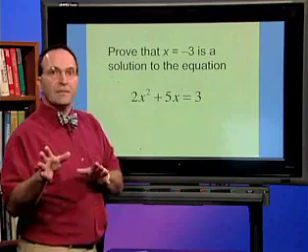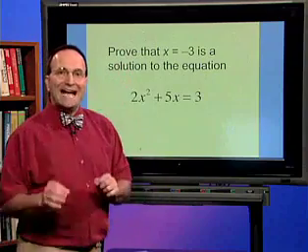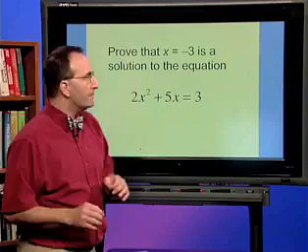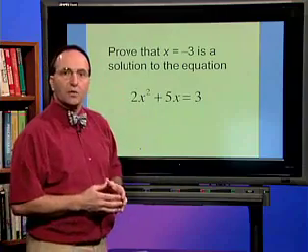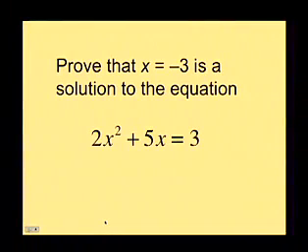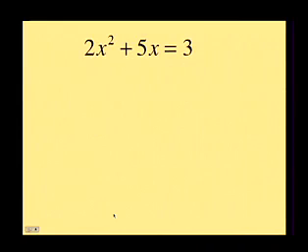Let's take the example, prove that x equaling -3 is a solution to this equation, 2x squared plus 5x is equal to 3. So to prove that x equals -3 is a solution, we substitute -3 in place of the x.